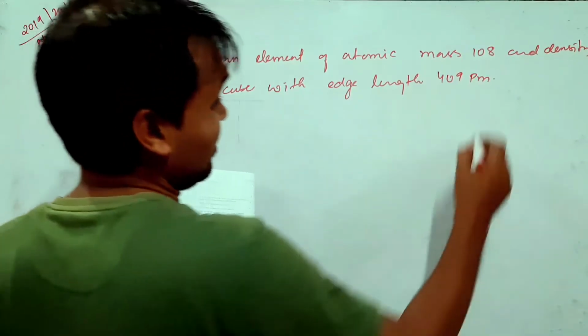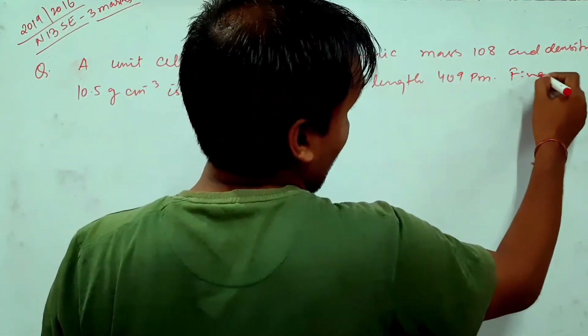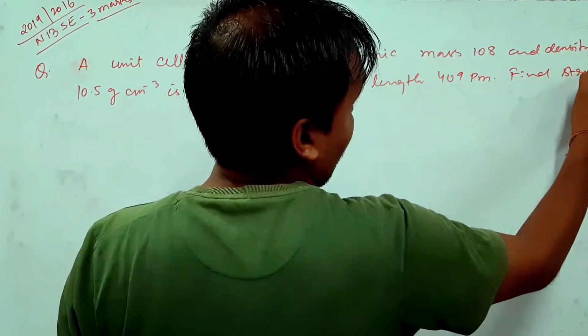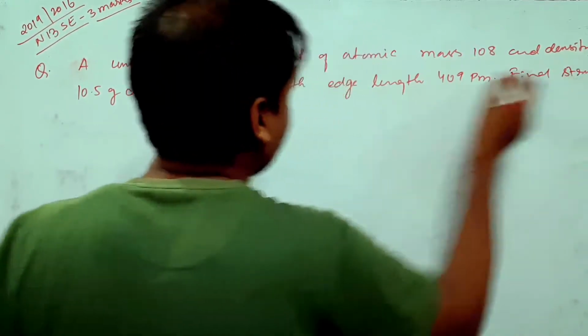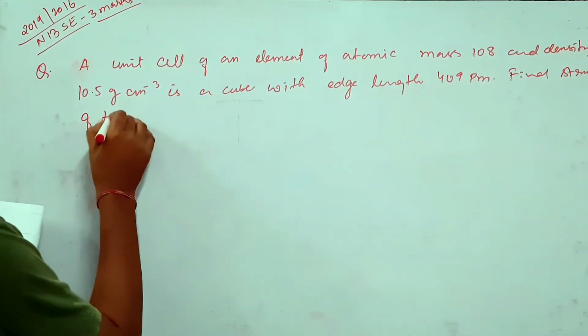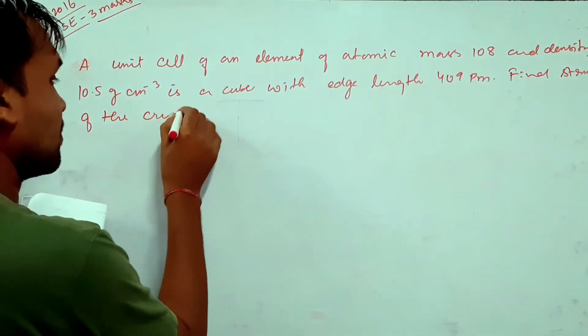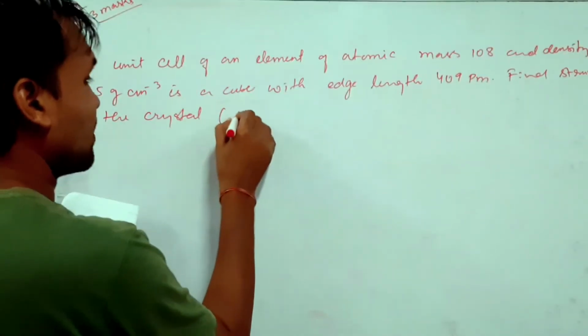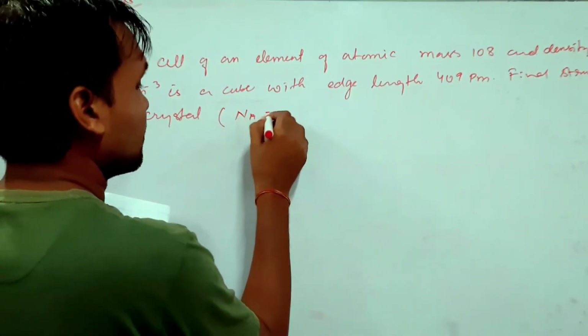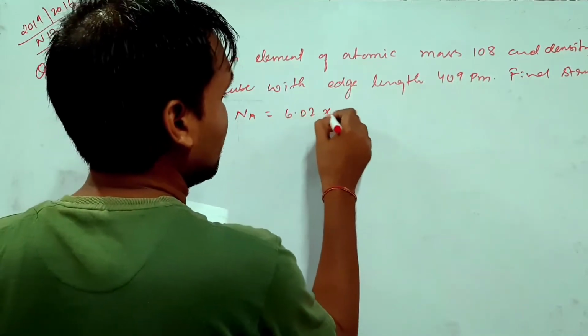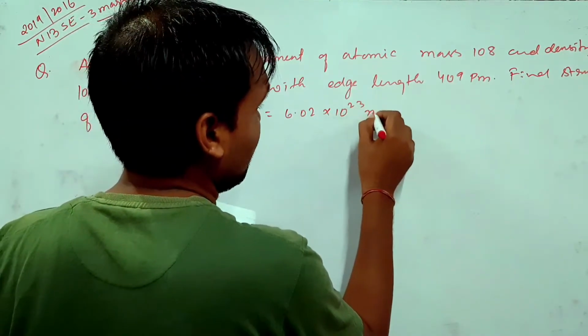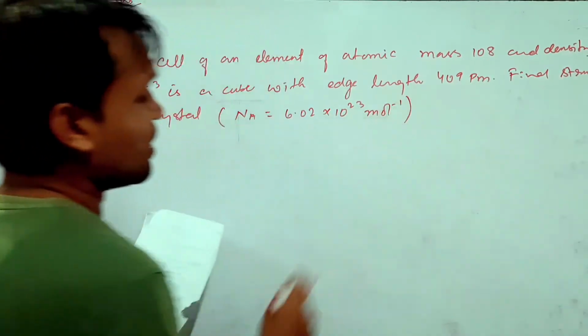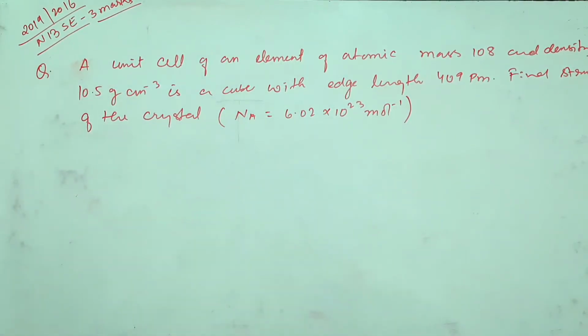Find the structure of the crystal. Given Na equals 6.02 into 10 to the power 23 per mole. So this is the question, and it was asked for 3 marks.